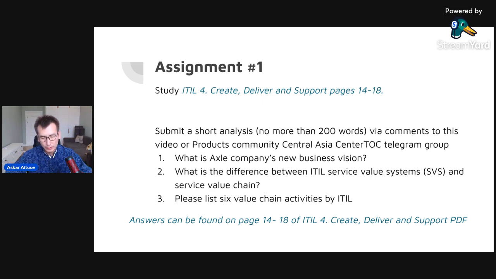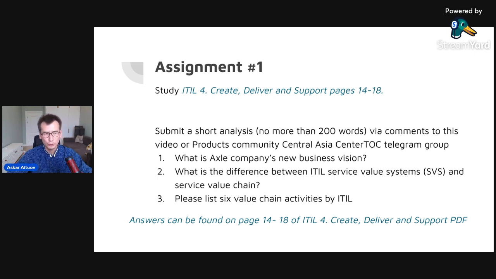We have this ITIL. It's around 5 books. You don't need to read it, but we need to briefly check the ITIL 4 book called Create, Deliver, and Support, pages 14 to 18. If you could review it, then submit a short analysis. You will see a case study about the company Axel.